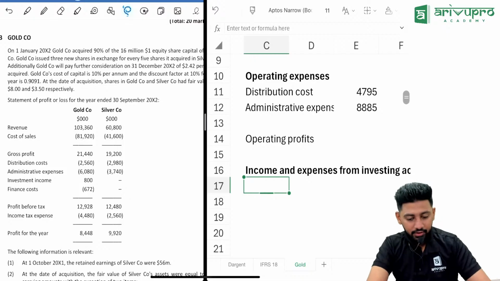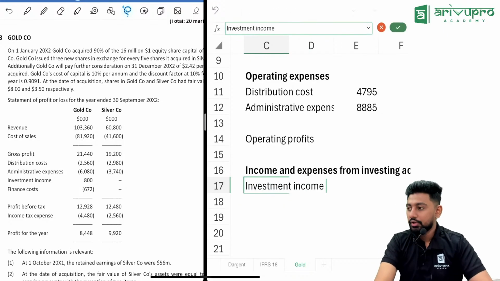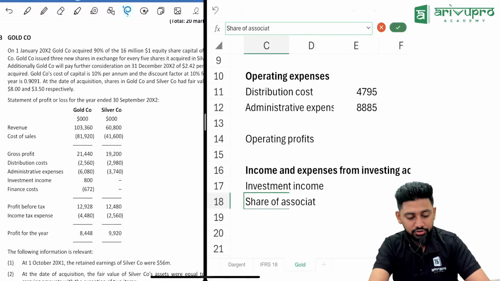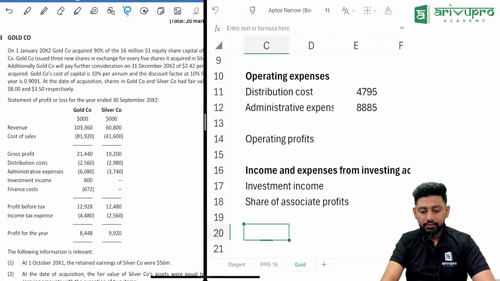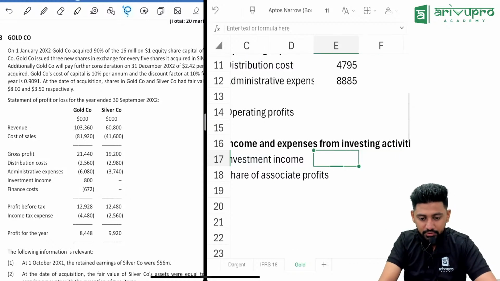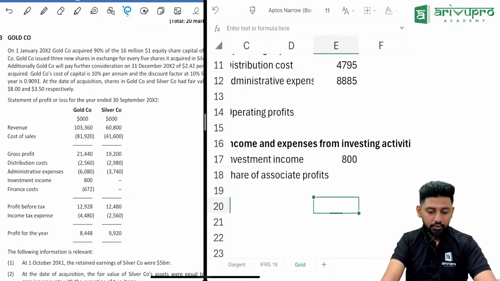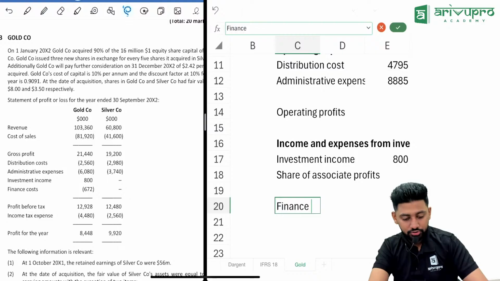Under this I have investment income, and if I have any associate, then share of associate's profits. How much is my investment income? It is 800. And then I have my finance costs.